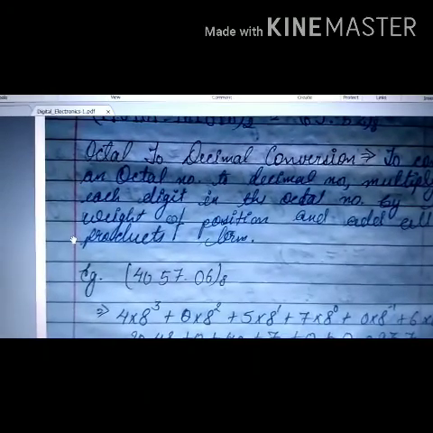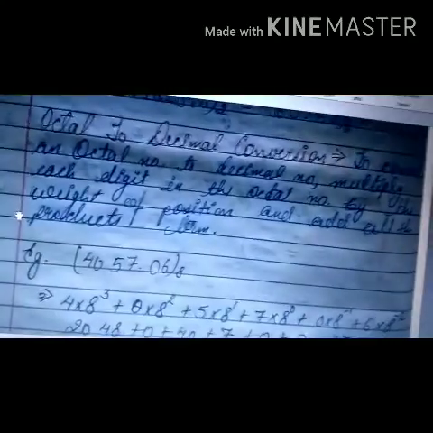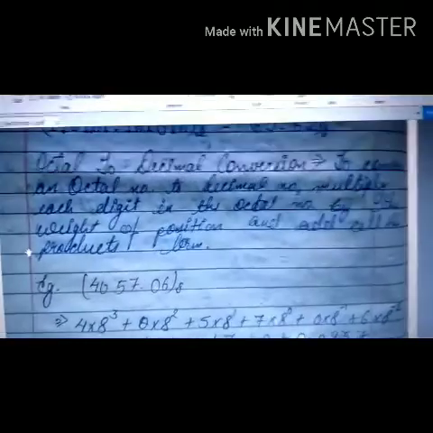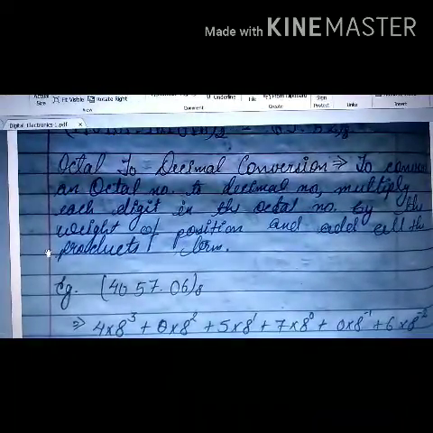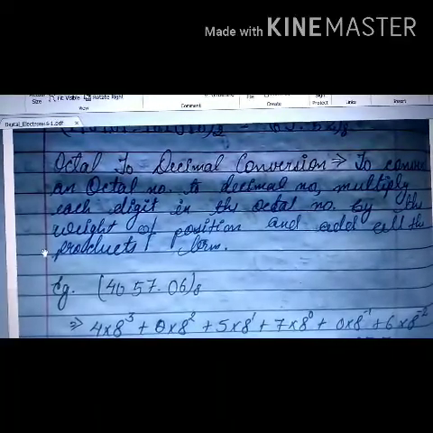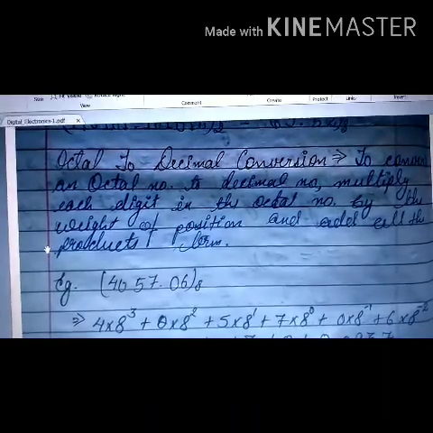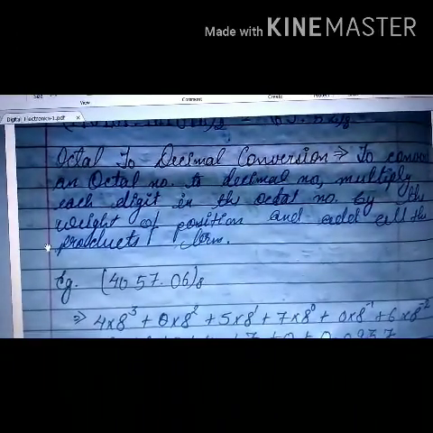Now, after the completion of the binary number system, there are two other important number systems which are part of our syllabus. These are important because many of the microprocessors which we are going to study further in the syllabus follow these number systems.